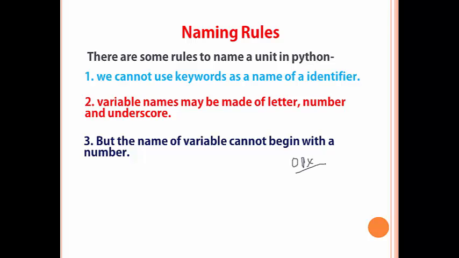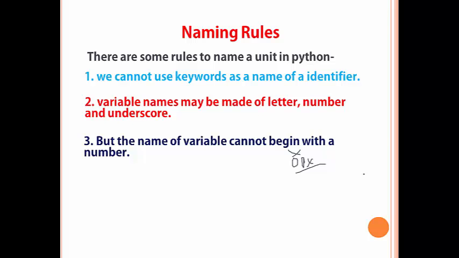This is not correct. You cannot start with 0. You can begin with an underscore, but you cannot start with a number, and only a number cannot be the name of a variable either.